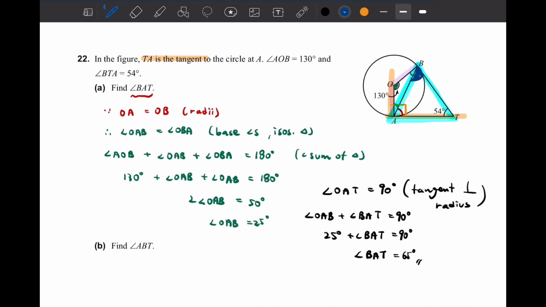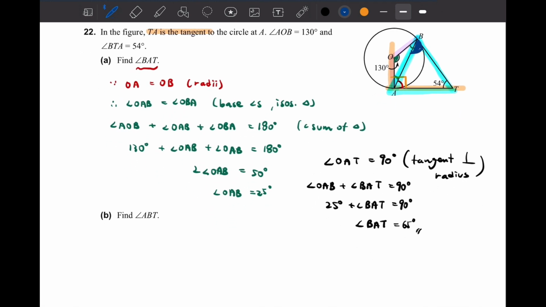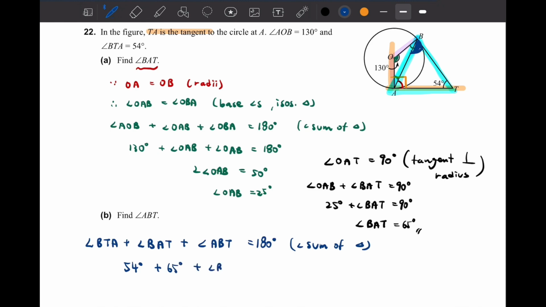You got a triangle BAT there, and you already know what is angle BAT and you know what is BTA, so therefore you can find ABT by just using your angle sum of triangle. So part B is a little bit easy. So just write out. So 54 degree adding 65 adding ABT is equals to 180. So therefore angle ABT is equals to 61 degree.